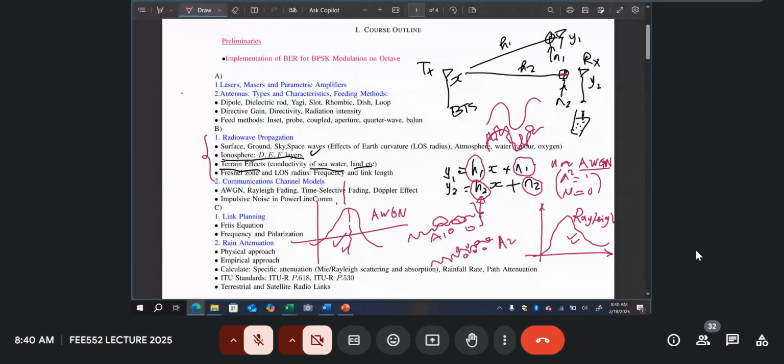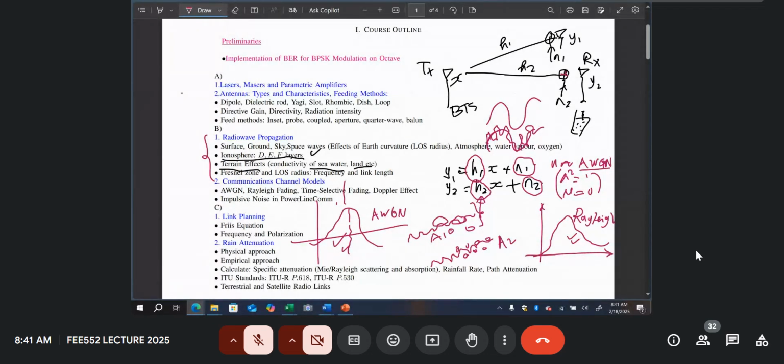So that's why for every path, we need to know what is the communication channel model. The model is important because when you're doing your link planning, you have to take into account the seasonal variation of the path parameters that affect that link. For example, rain, as we say. The seasons for rain in different areas have different characteristics.